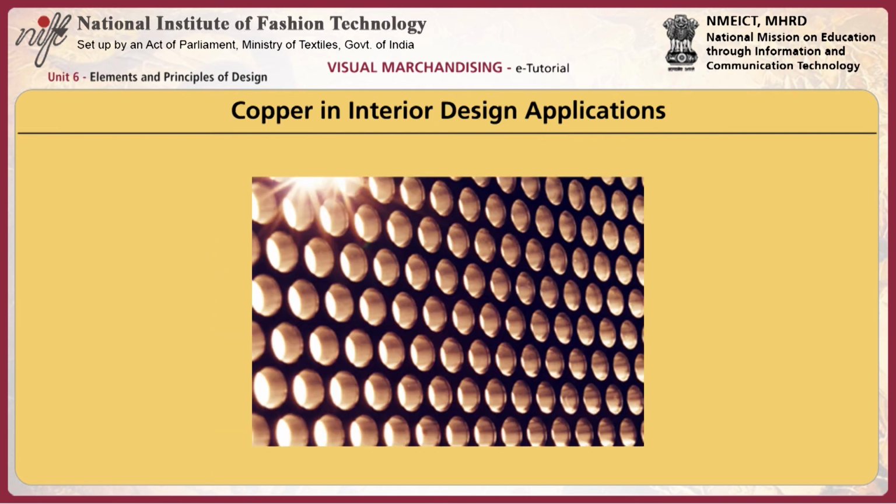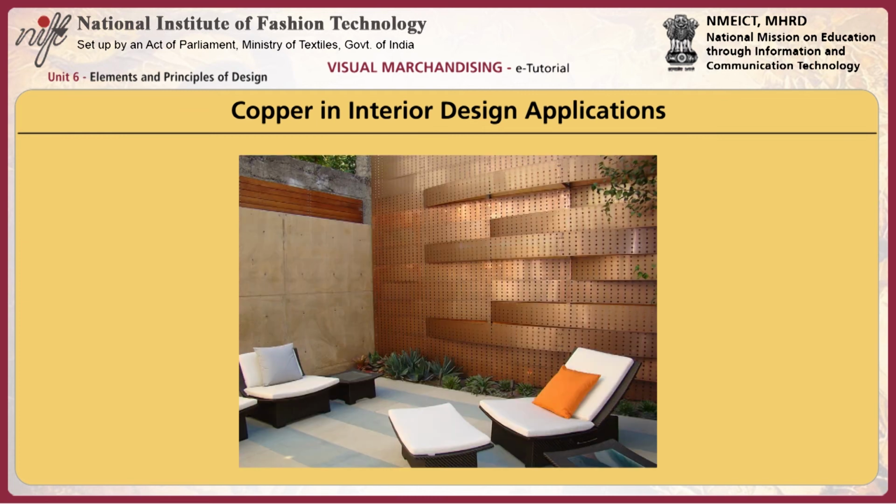Copper in interior design applications. Copper can be used for a warmer look. Its relative softness makes it slightly more vulnerable to denting and scratching than steel. Despite this drawback, however, copper countertops, tables and hoods impart a warm ambience to a home, a cross between old world and modern style.